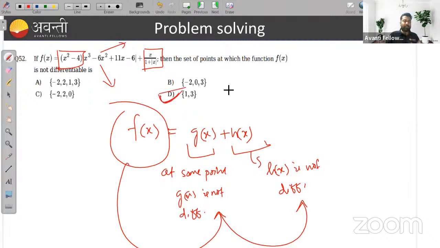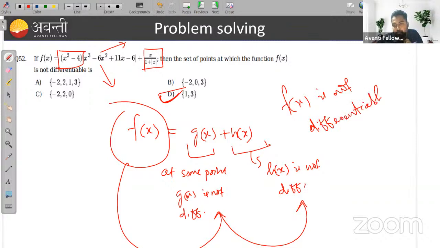So the answer is option D. The correct option is D. Is that clear to everyone? Yes. Shall I move to the next question?